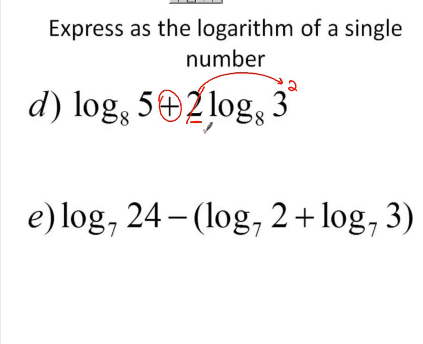Once you bump that up, you know that you've got 3 squared here, which is obviously 9, because of this addition, we can create a single logarithm where we are taking the 5 from this logarithm and multiplying it to the 9 in that logarithm. 5 times 9 gives us 45. There's your single logarithm of a number.